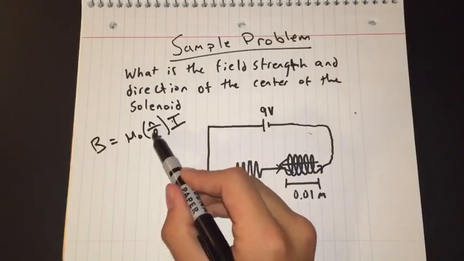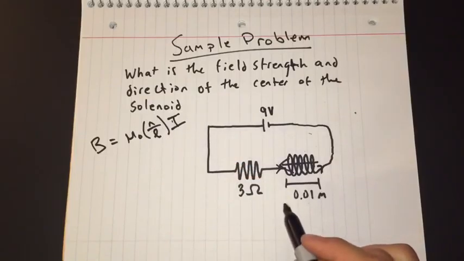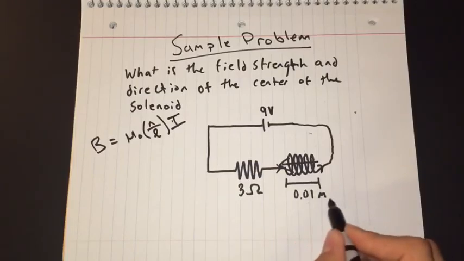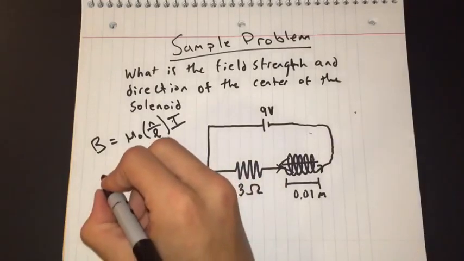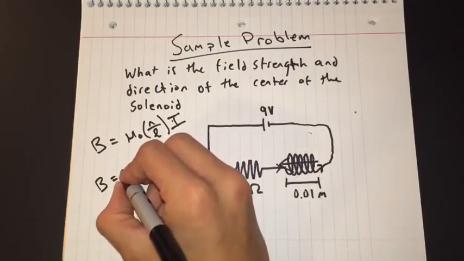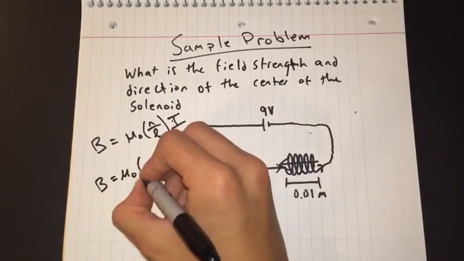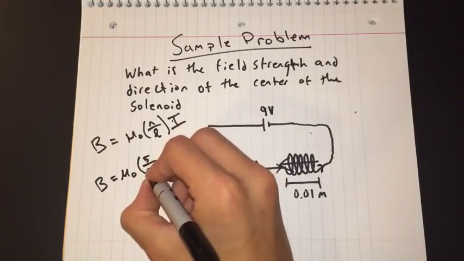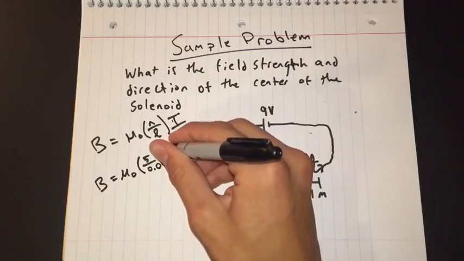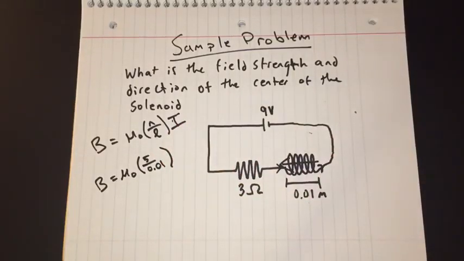We know the turn density because we know that there are 5 turns of wire over this distance. So if we want to go ahead and plug that in, we're left with the current.